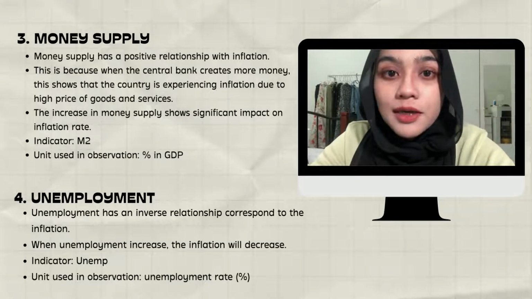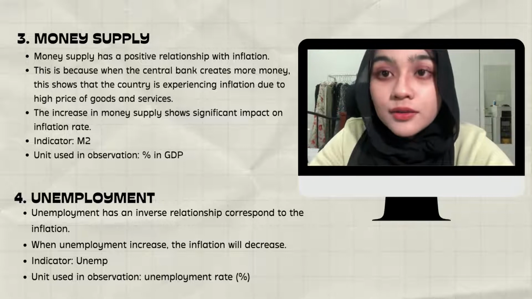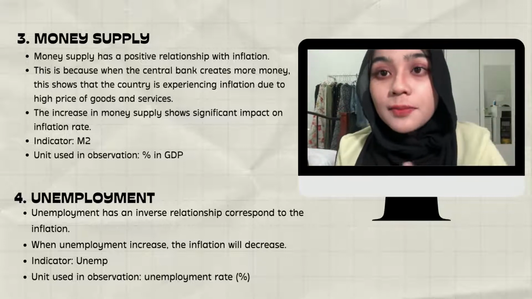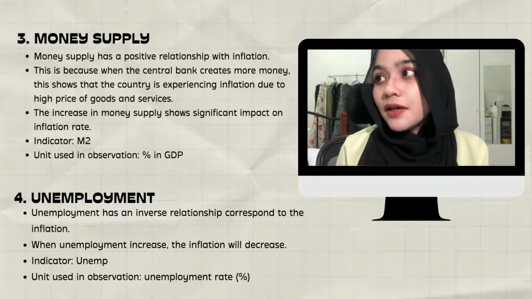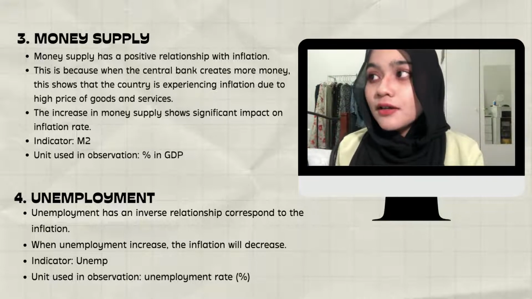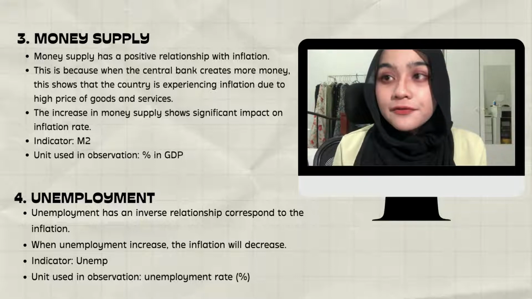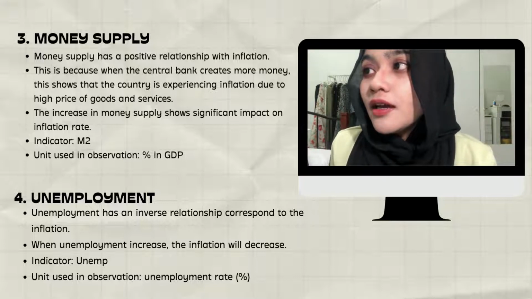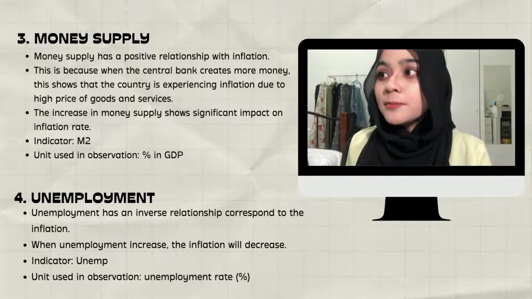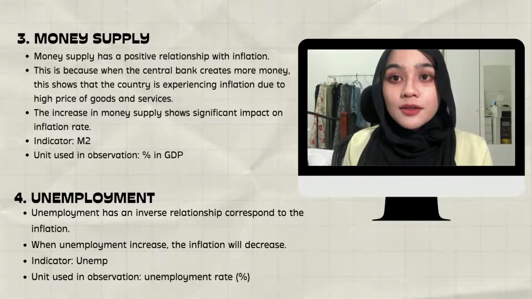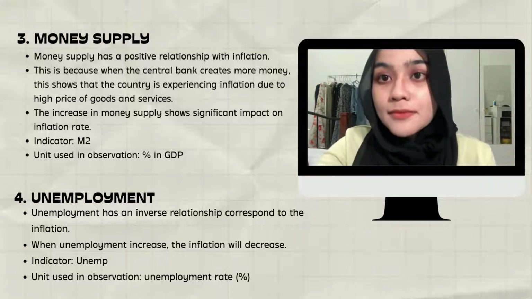The third one is money supply, where the indicator used is M2. Money supply has a positive relationship to inflation, where the increase in money supply shows significant impact on inflation rate. The fourth one is unemployment rate, which has an inverse relationship to inflation, and the indicator used in this observation is UNM.